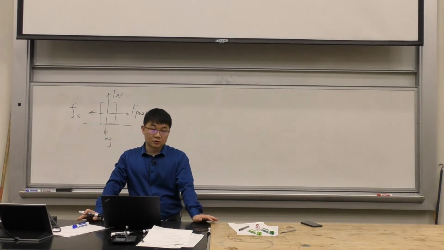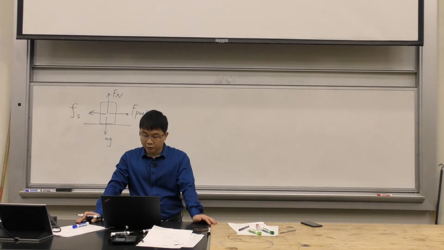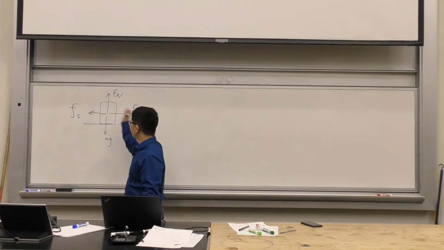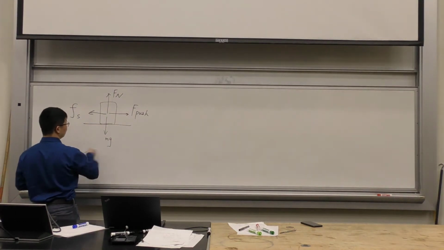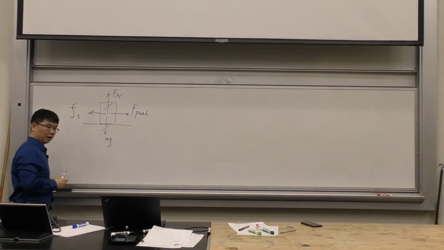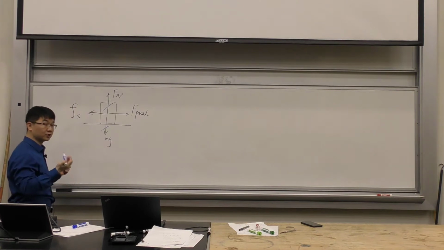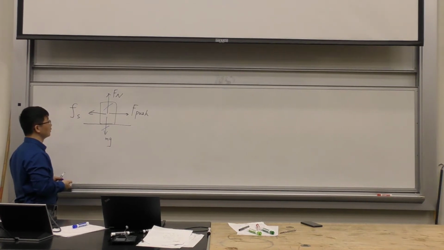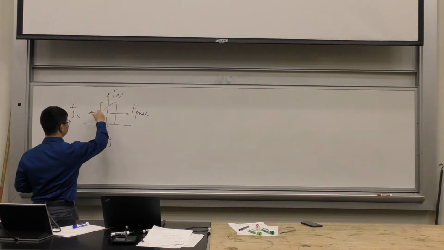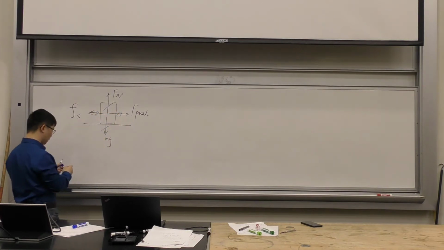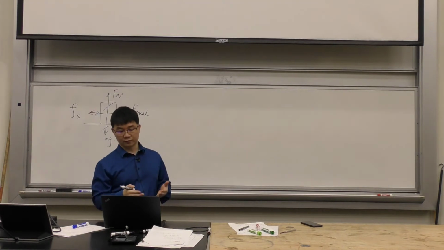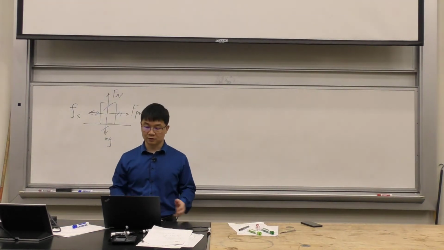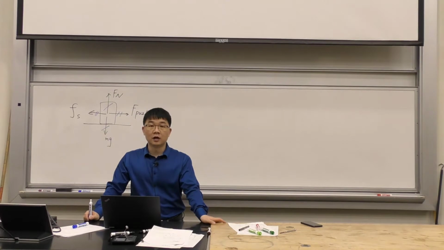If this object doesn't move while you're applying a pushing force, all the forces must cancel out. In the y direction, gravity and normal force cancel out, so that's obvious. In the x direction, it's very interesting. The static friction force is going to cancel the pushing force, which is the force the person applies on this box. And you can change that.